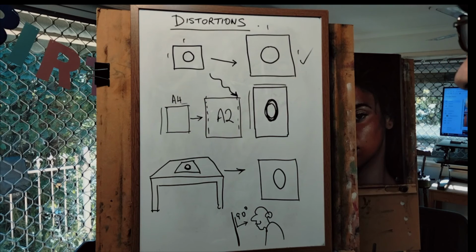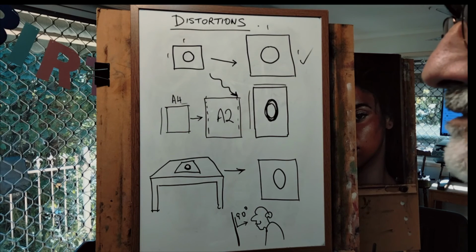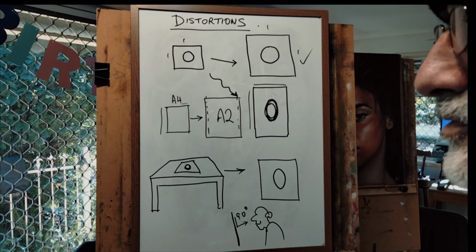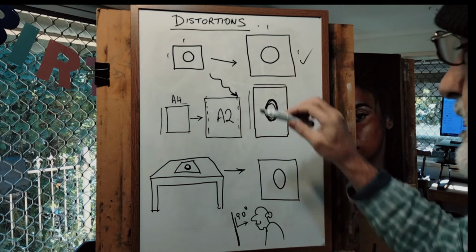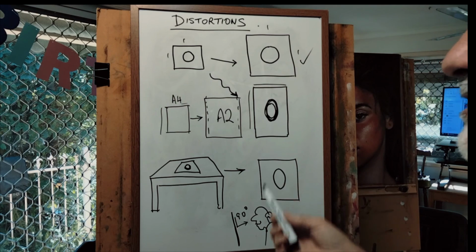And then you're not going to have any distortions creeping in. I mean, it's hard enough to actually reproduce a picture anyway. So these little hints are going to help you to avoid some obvious problems.